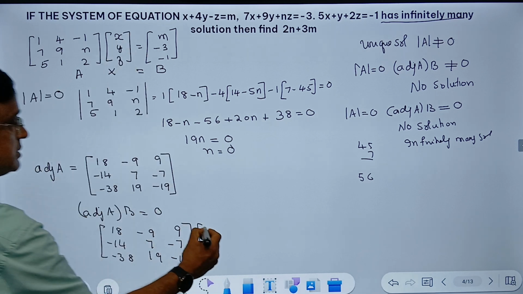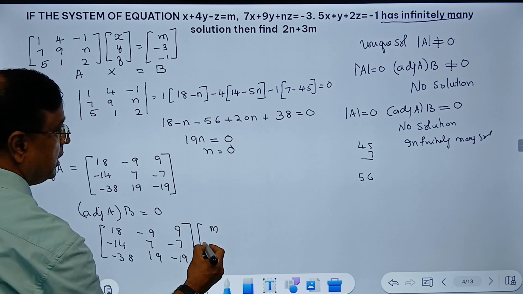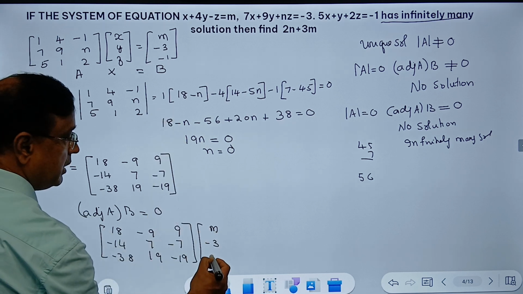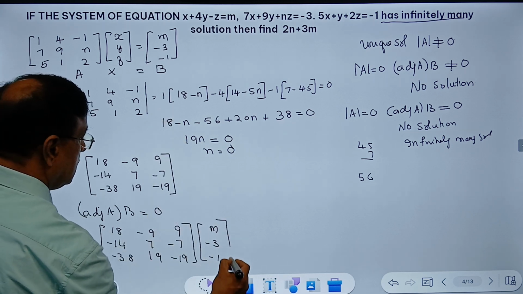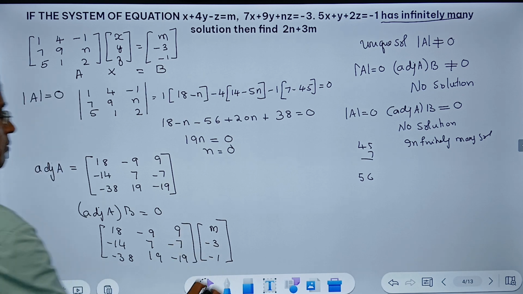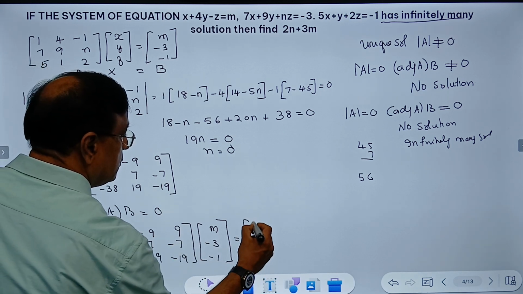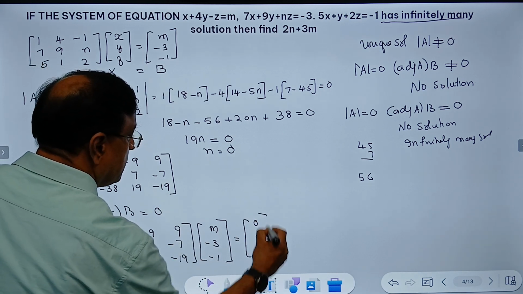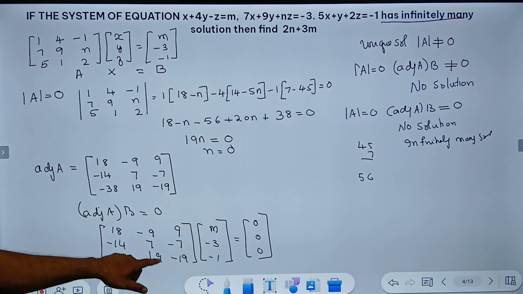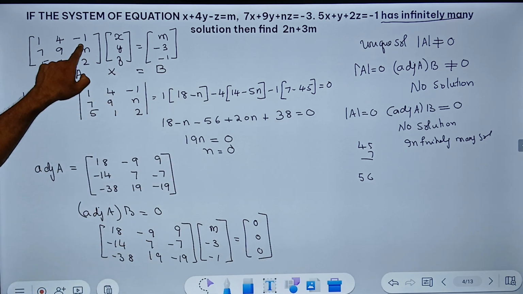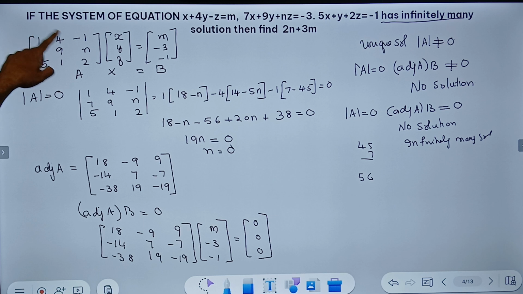My B matrix is m minus 3 and minus 1, right? Equal to 0, 0, 0. Before finding adjoint of A, you put n equal to 0, then find adjoint of A. So your calculation becomes simple. You won't have any n term involved.